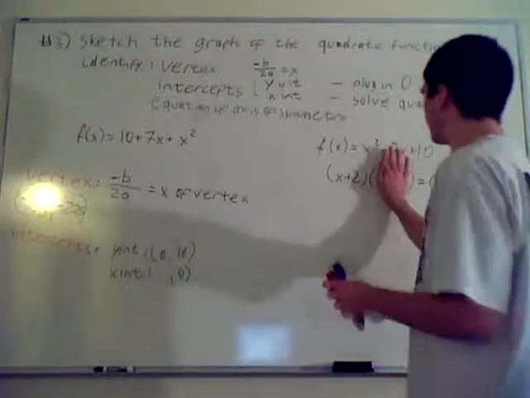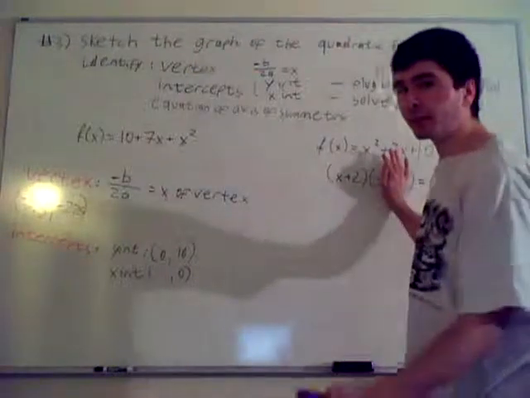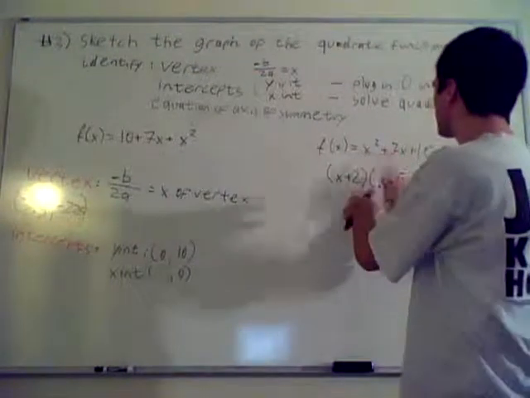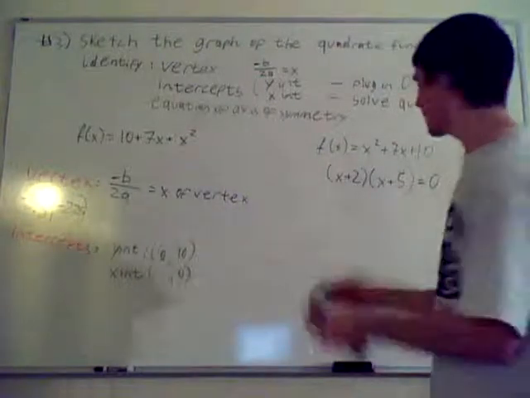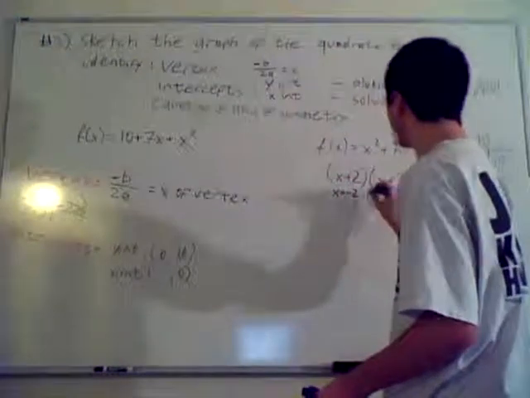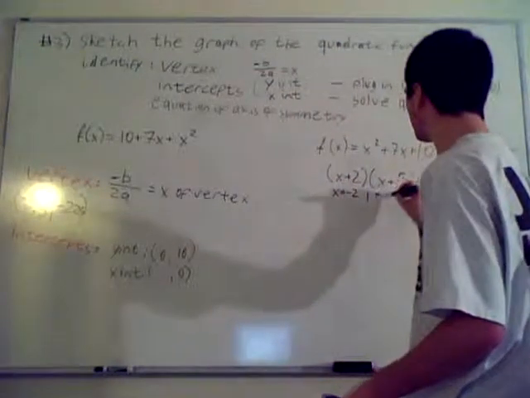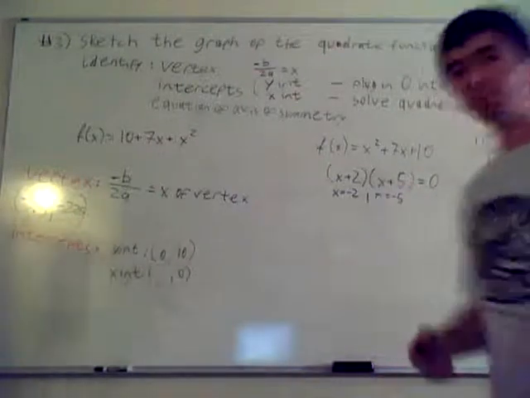So, what makes this equal to 0 when x is negative 2? Because negative 2 plus 2 is 0, so you're good. Because then 0 times whatever this is is 0. It doesn't matter. So, x equals negative 2. Over here, x equals negative 5. Again, negative 5 in here will make this 0. Also pick up the trend.